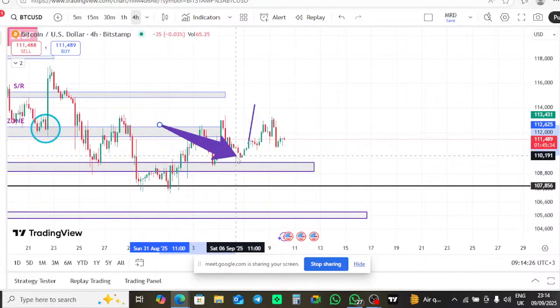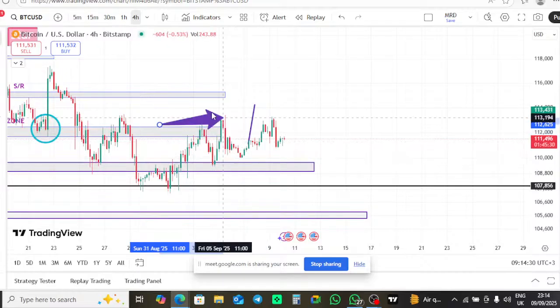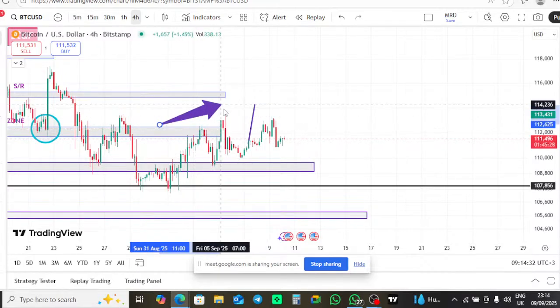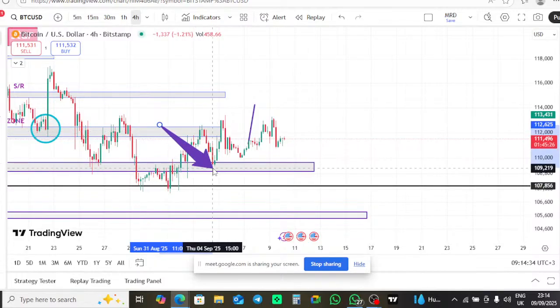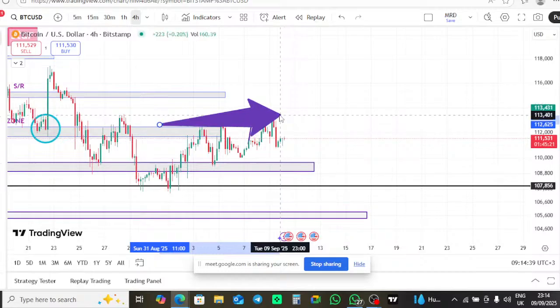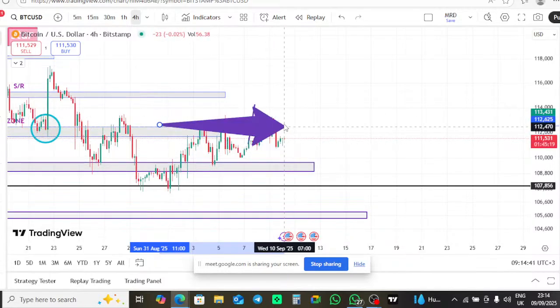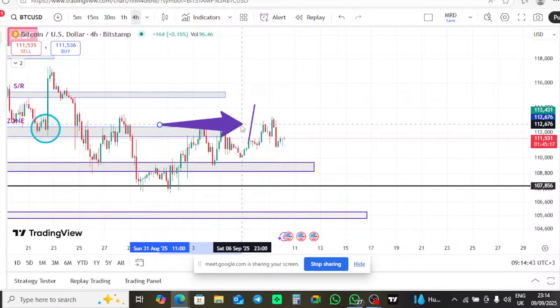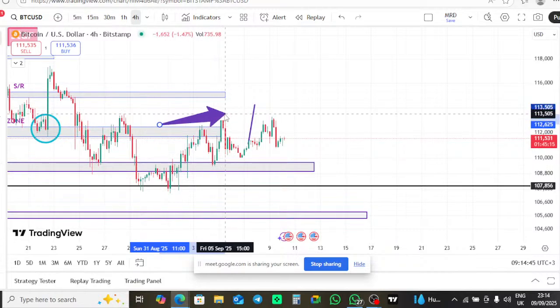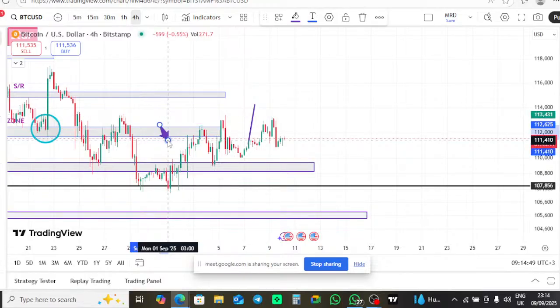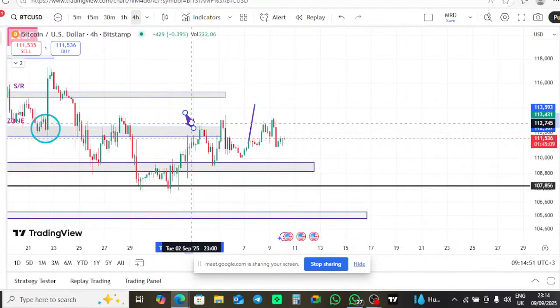That means the market was in an uptrend. This could be the high and the next high. This could be the higher low and the next higher low. Where we are currently, we are trying to break the previous high, which is this one. We are looking forward to breaking that level. Are we getting the point?